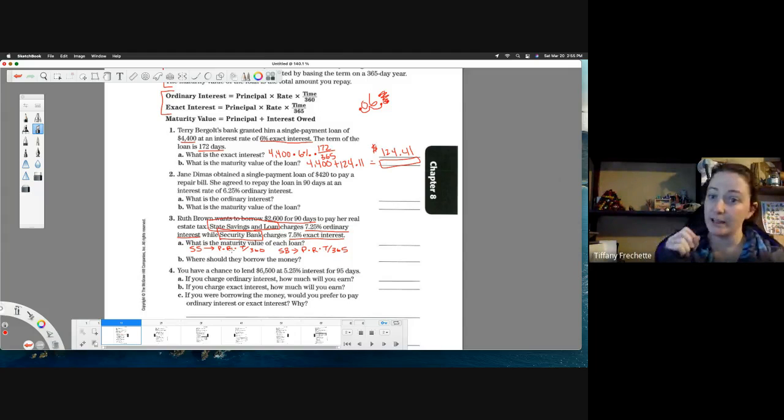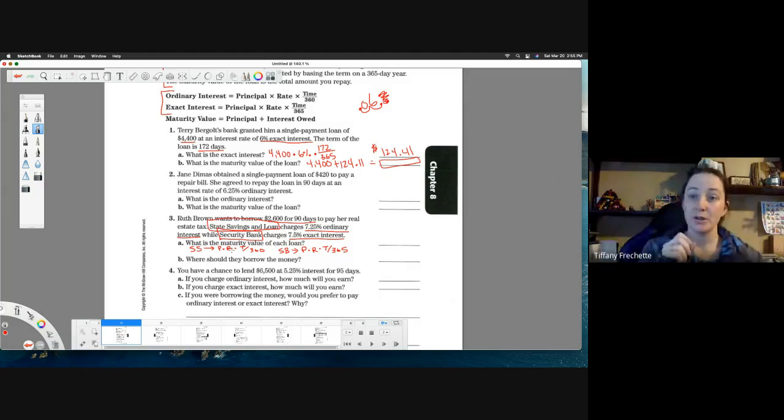I would type it in by moving the decimal instead of hitting the percent sign, unless you type in 7.25% first and then multiply by the answer you got here. Then you can multiply by your principal. I would do it a piece at a time, just to make sure you get the right one. And then once you have your 2 loan amounts, you're just deciding which one's the best one to borrow from.